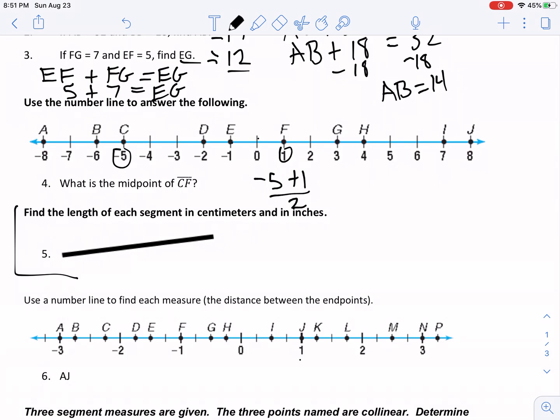What's -5 plus 1? -4. And then divide by 2, and we get -2, right? Well, what's the point that's associated with -2? D. Okay? And we can check, we can count. 1, 2, 3 spaces over. 1, 2, 3 spaces over. So it is indeed the midpoint, okay? Because CD is equivalent to DF. They have the same measure, okay?